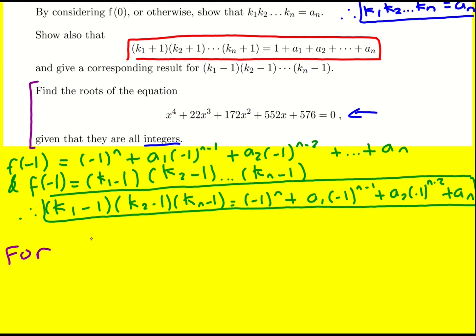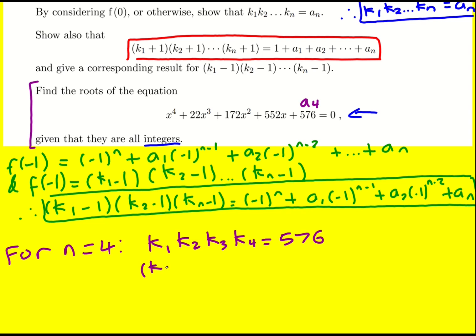In fact, they're going to simplify slightly because we've got that n is equal to 4. So k1 k2 k3 k4 is going to equal a_n, which is a4, and this one here is a4. So actually we're going to get 576 as a first equation.